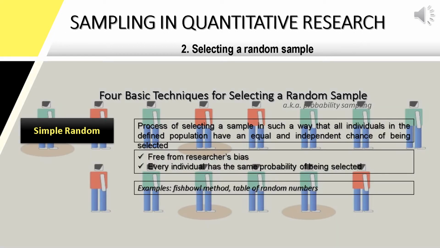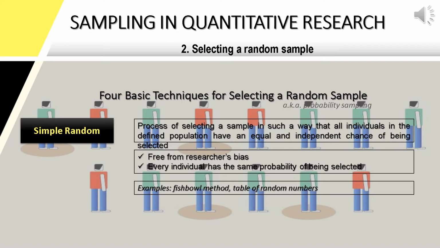So first, for the 4 basic techniques is the simple random. So simple random sampling is the process of selecting a sample in such a way na lahat ng individuals in that defined populations ay may equal, diba, and independent chance to be selected to be a sample.